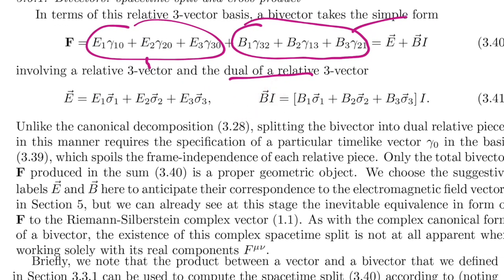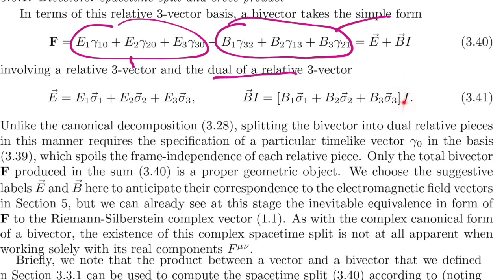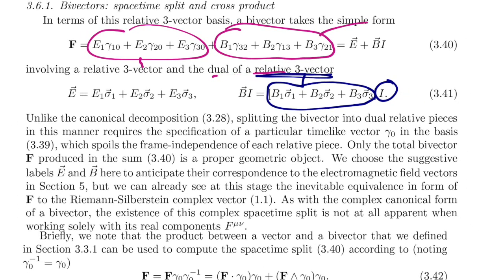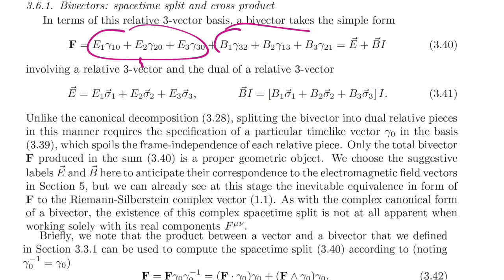The dual of the magnetic field is, well, here's the duality. It's on the right. So B itself, this magnetic field vector, has to be a relative 3-vector. So this is the relative 3-vector that goes right here, and then here's this thing that turns it into its dual. So this is a little bit of a language trick, but it's not really a trick. It's completely straightforward, but we have to decide what we want to call the magnetic field and where we want to call it the magnetic field.